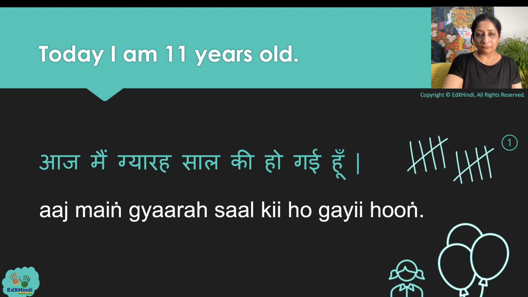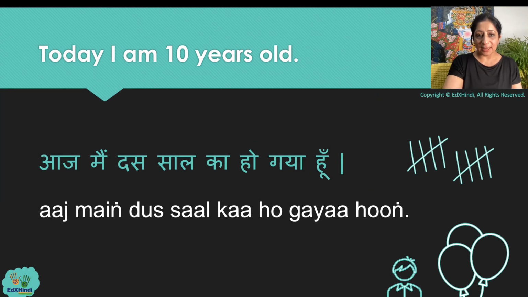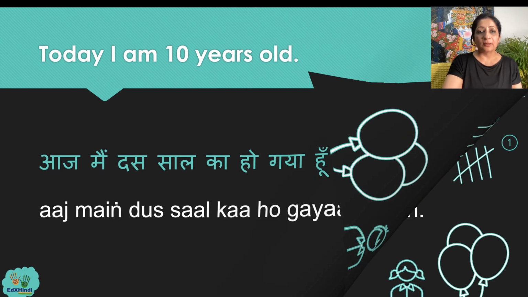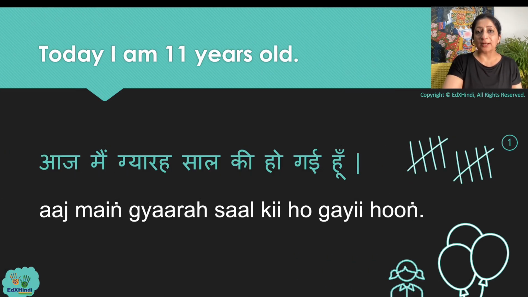Now see the difference in both the sentences. If the boy says that, in the sentence you must have noticed we have used ka, and for the verb we are saying gaya. But for this sentence where a girl is talking, we will use ki and the verb conjugation will be gai.